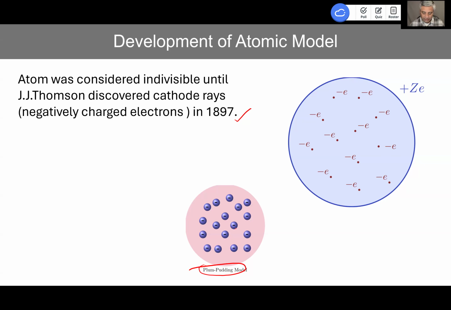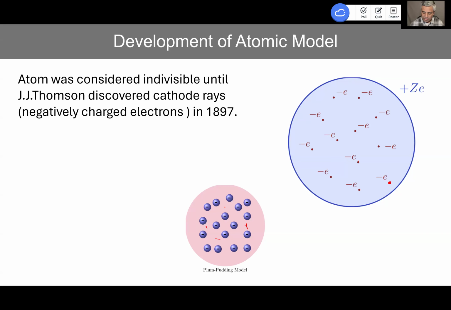My kids used to like that. Anyway, that's what it looks like. There is a dough of positive charge, that's what they said, and electrons are embedded in it, like plums in a pudding. So that was the model. If we visualize that a bit more elegantly, we see something like this.